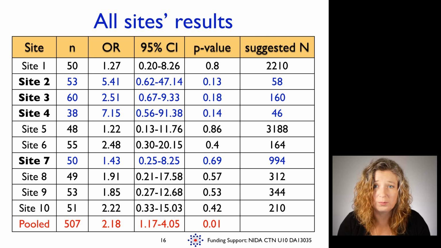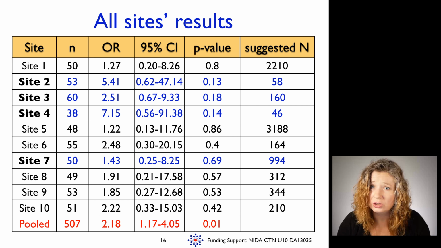All 10 sites, the bolded ones are the ones that we actually went through, but you can see the rest of them. When you quickly look at the p-values, you can see that each site did not lead to significant results. All sites led to insignificant results.